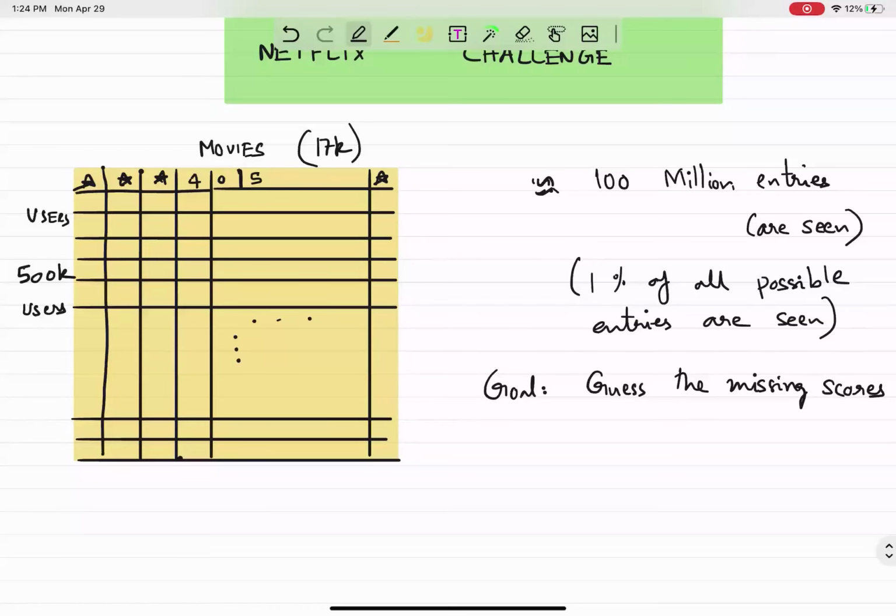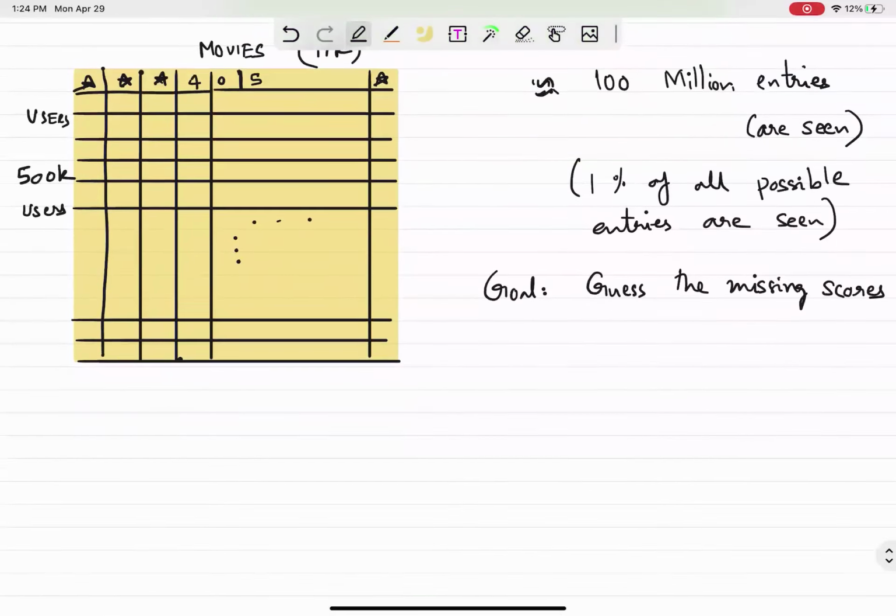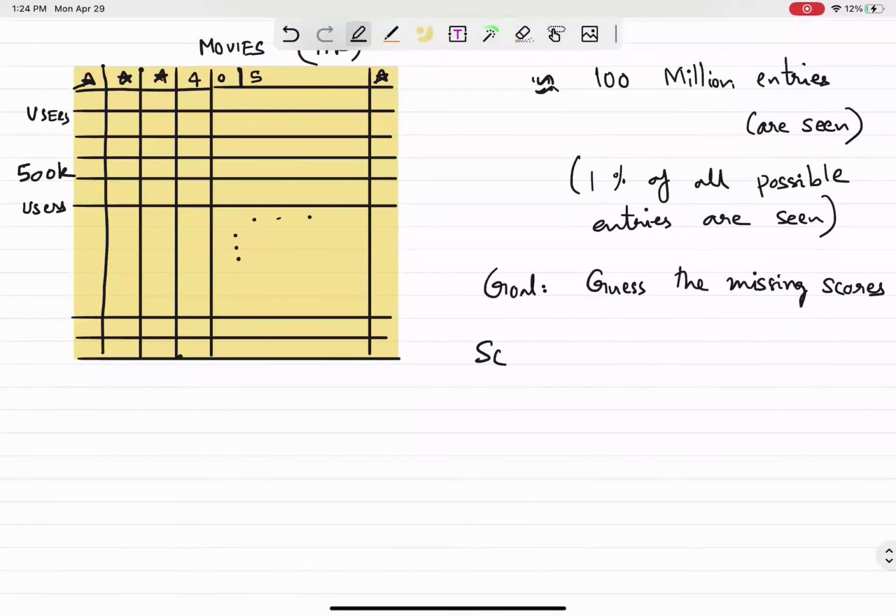And how are they actually evaluating it? So you propose a model, and they would score you based on the average root mean squared error on some holdout entries.